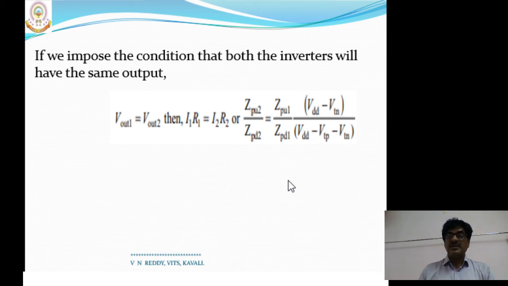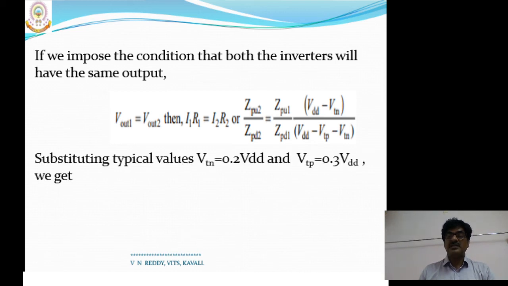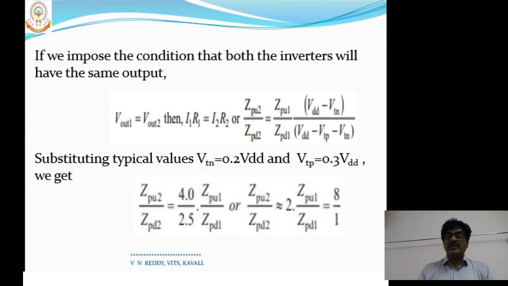Now substitute the typical values for each voltage parameter. That is, VTN is 0.2 times VDD, and VTP, that is the threshold voltage of the pass transistor, is 0.3 times VDD. The resultant is ZPU2 divided by ZPD2 equal to 2 times ZPU1 divided by ZPD1.